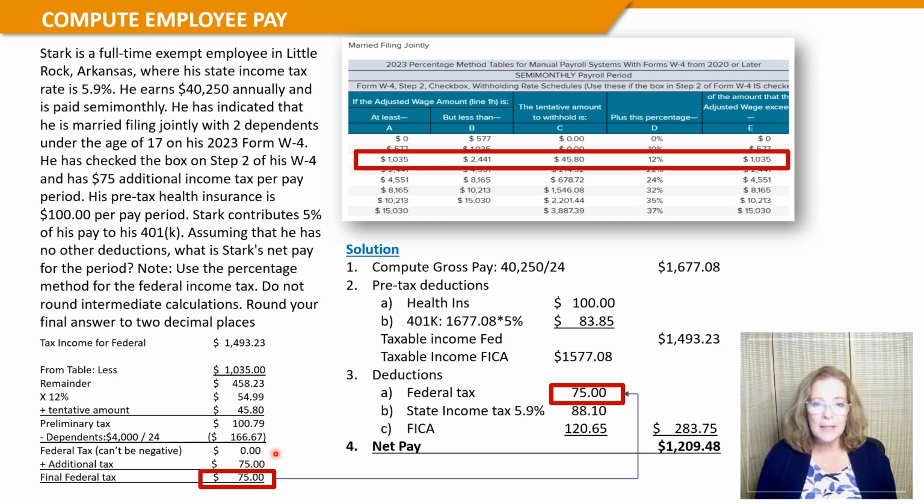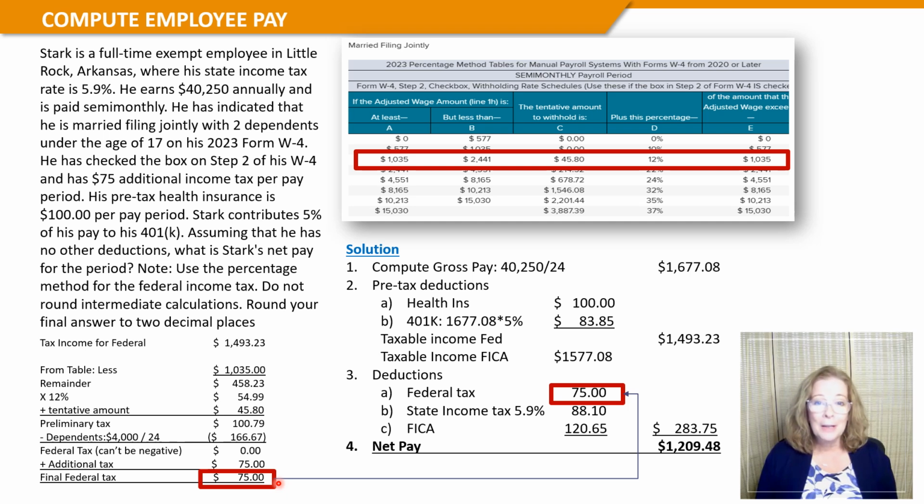In our case, it is because $100.79 minus $166.67 is minus $65.88. So we can change any negative amount to zero, but still add any additional tax amount, which in this example is $75. So after all of our calculations, the federal tax withholding is $75.